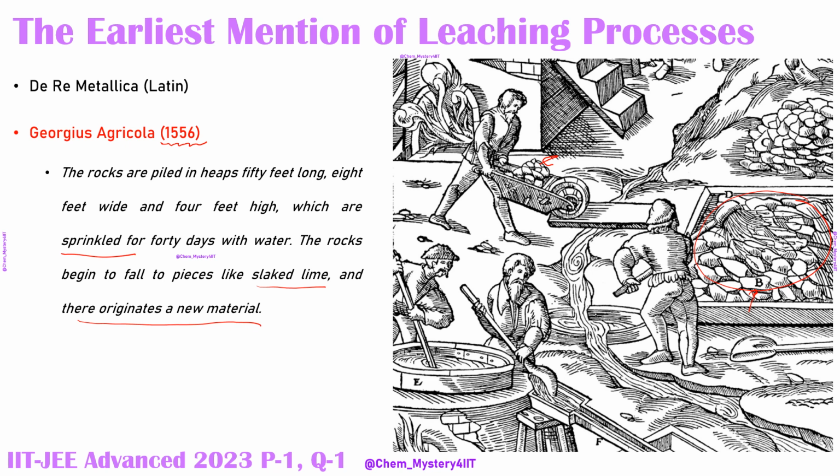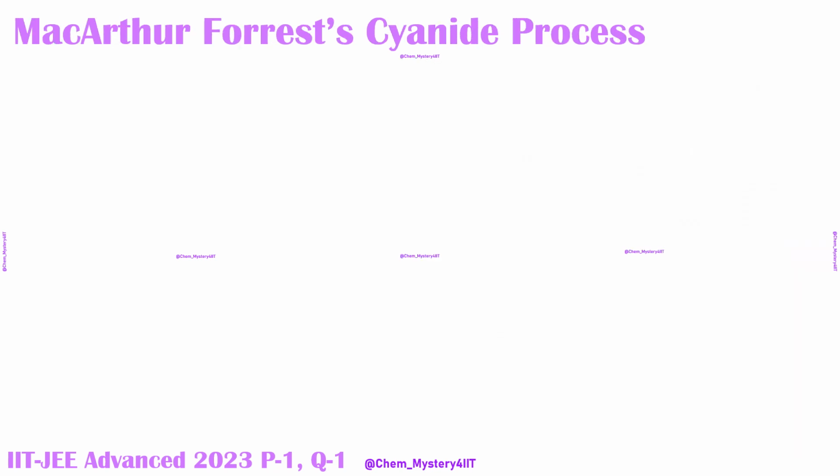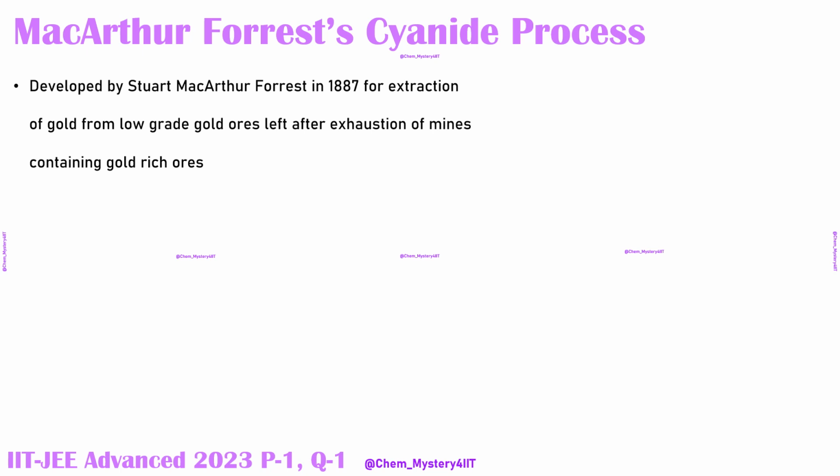Coming back to our method, which is the MacArthur Forrest cyanide process, in which we are extracting silver using potassium cyanide or sodium cyanide. This process was developed by Stuart MacArthur Forrest in 1887, for the extraction from low-grade ores, just as the sulfide ores were handled using the froth flotation process. The MacArthur Forrest process is the equivalent for gold metallurgy.